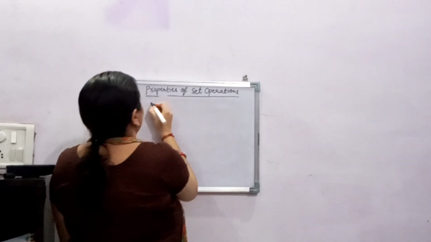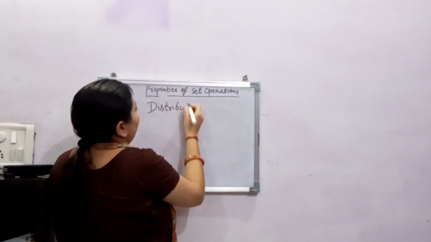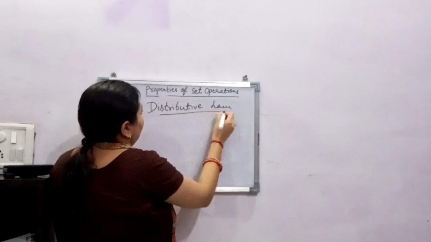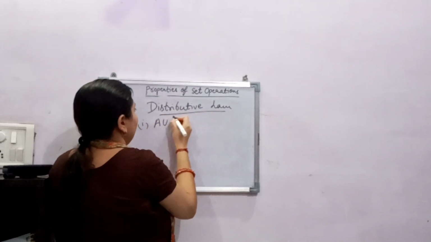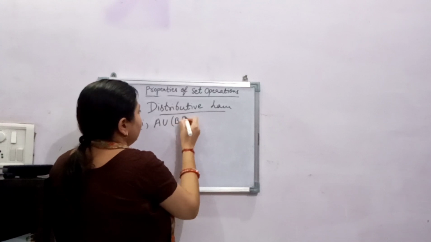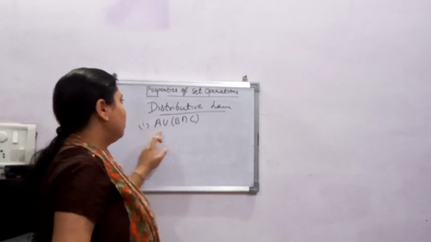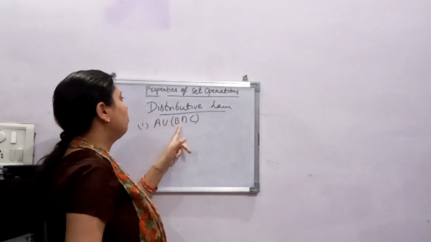Now the distributive law. This is a very important law. The first distributive law: if there are three sets A, B and C, suppose this is the given situation, A union (B intersection C).